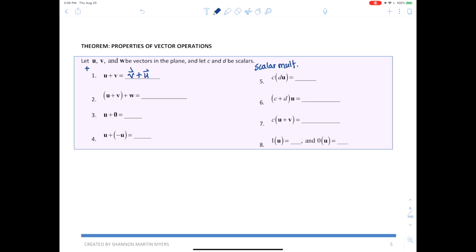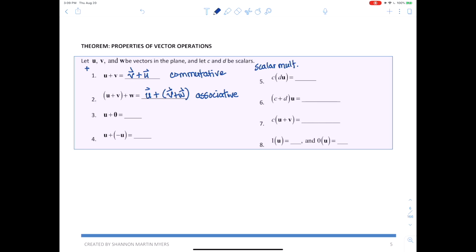So this one, it turns out that we've got commutativity under addition, commutative, and then the quantity U plus V, plus W is equal to U plus the quantity V plus W. Very good. And that is what property? Beautiful, the associative property.